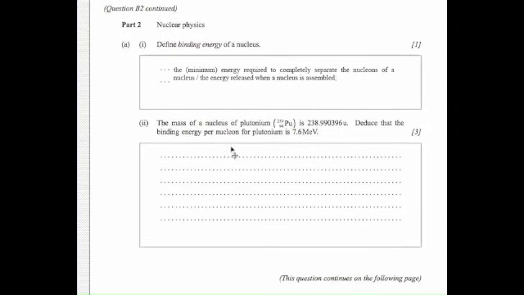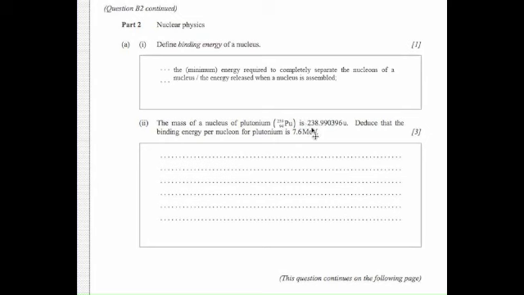Now we need to deduce the binding energy of a particular isotope. So to deduce that binding energy, we need to find the energy that's lost when this nucleus is formed. And that energy loss is apparent because there will be a mass defect.